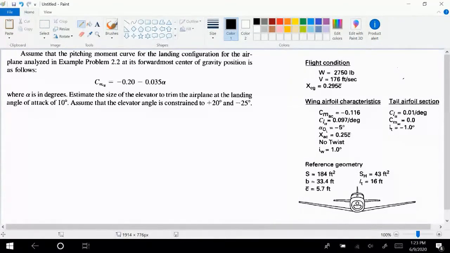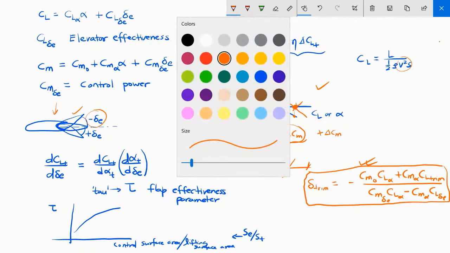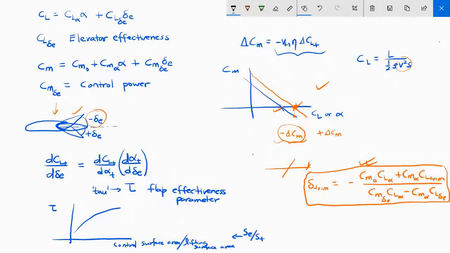Now there are a few things here that can be pointed out, taking advantage of this context. The first thing is, in the previous example, when we had to trim the aircraft at a higher value of lift coefficient, the solution was to shift this CM versus CL curve in towards the right.